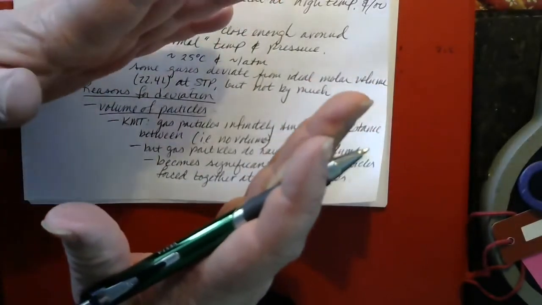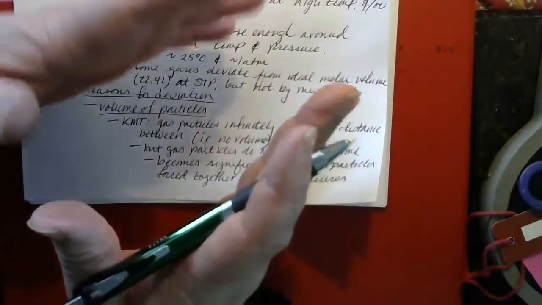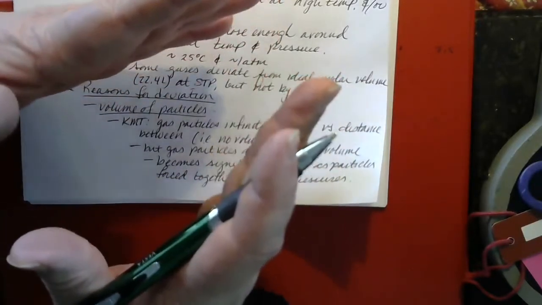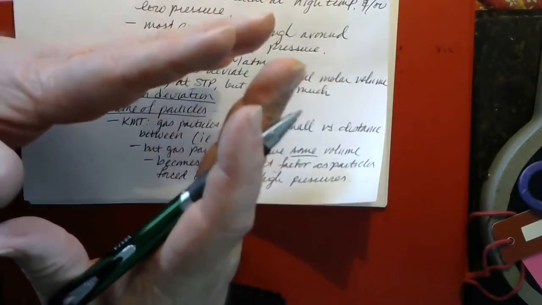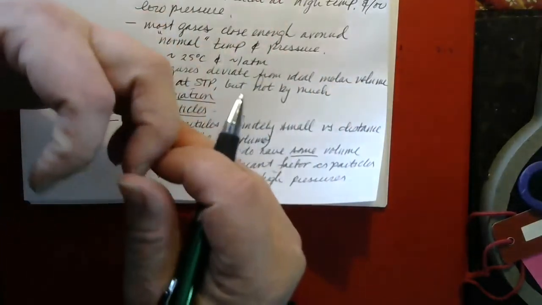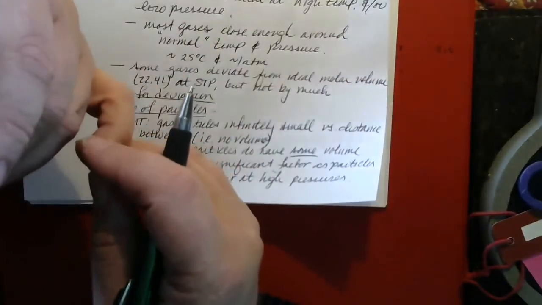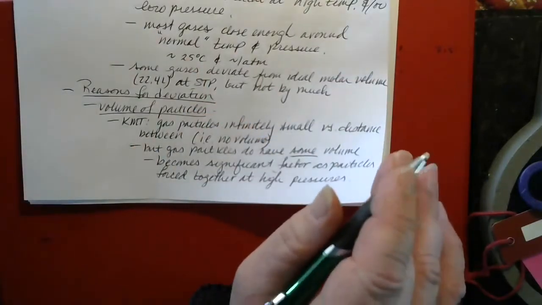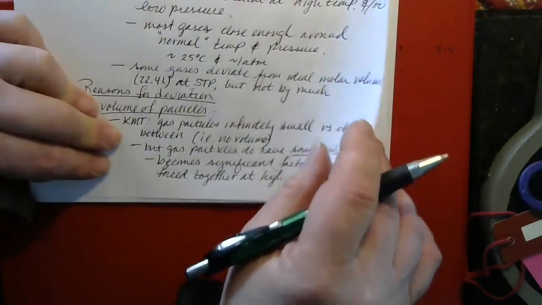But you find you get to a certain point where the particles are on the verge of bumping right up against one another, and you have a harder and harder time compressing the gas, even though the kinetic molecular theory says that you should be able to compress the volume of the gas right down to zero without any resistance. But you do start facing resistance. And so the high pressure forces particles together.